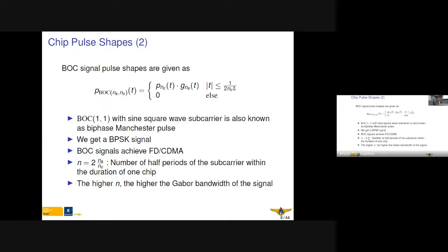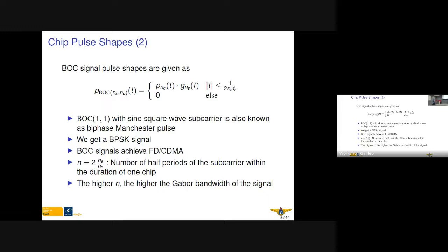It's also called a split spectrum signal, these BOC signals, and we will see this on the following slides. We also get a binary phase shift keying signal, because we have only a binary real signal here. The chip shape is real and usually binary.